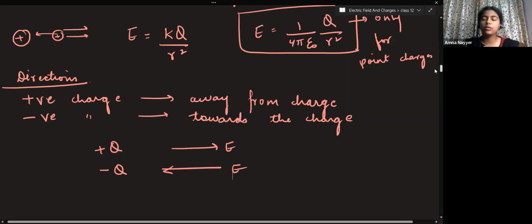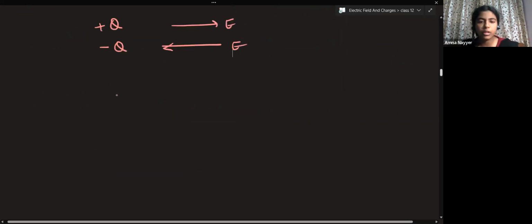Let me give you an example, and let's take this random point. Let's say I have taken a plus 2 Coulomb charge. Tell me, for this point A that I have taken, will the direction of electric field be towards the left, right, up, down, where?